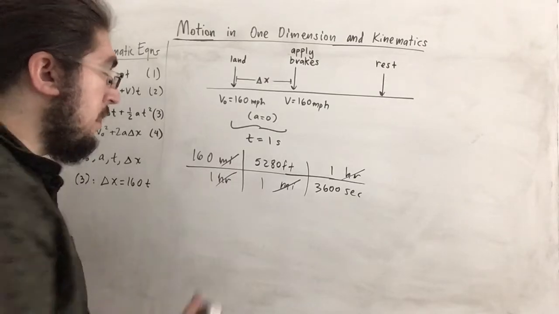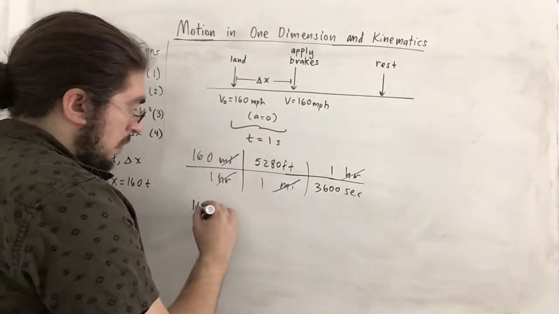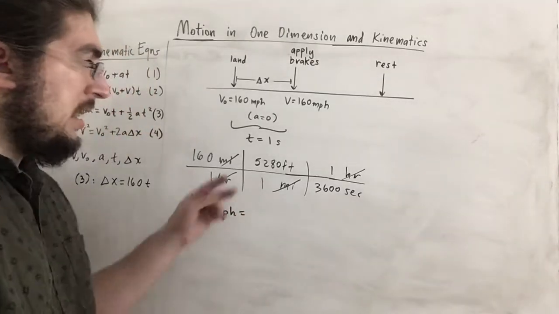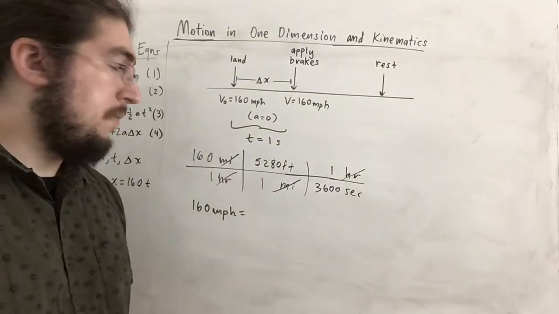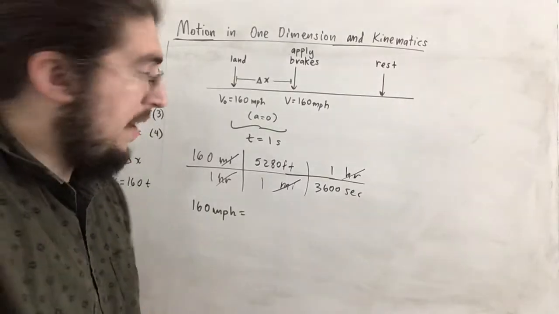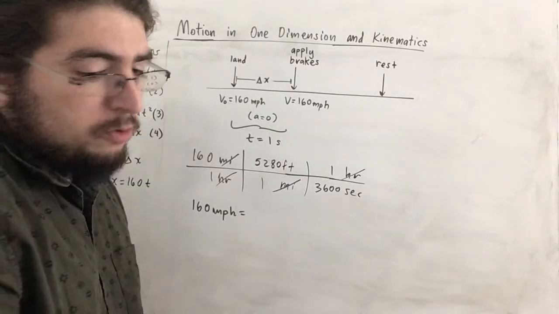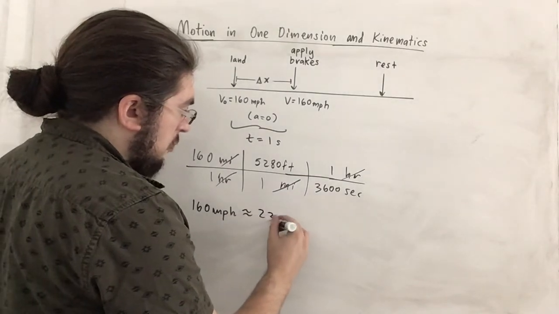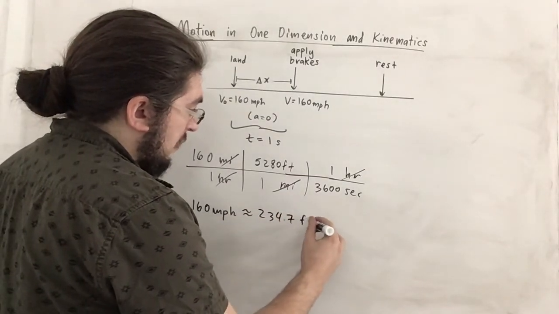So this is nice because now we can say 160 miles per hour in feet per second is really just multiplying by 5280 and dividing by 3600. I actually did that already, and I ended up getting 234.7 if you round. So it's 234.7 feet per second.